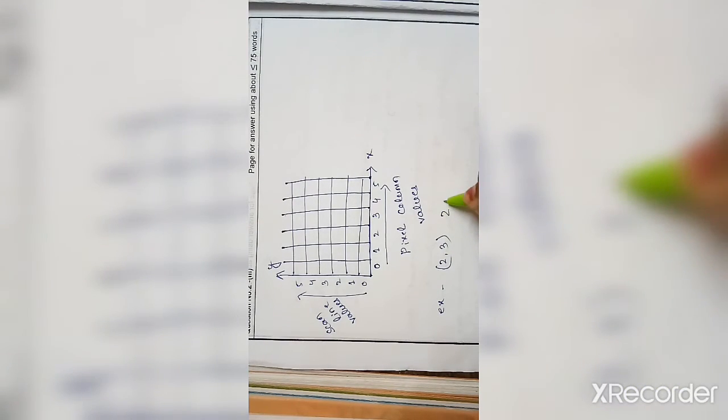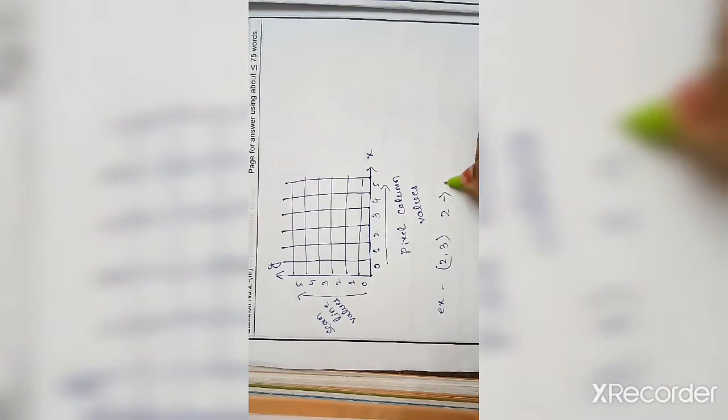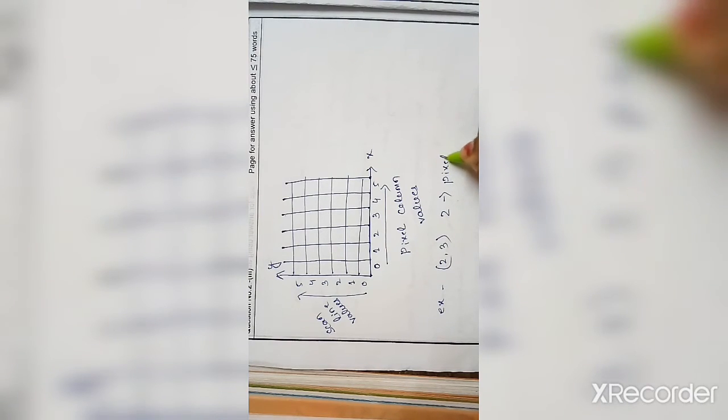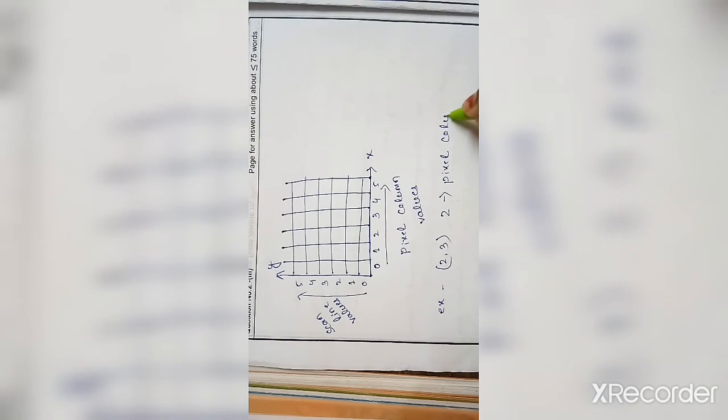Here 2 is the pixel column value and 3 is the scan line value.